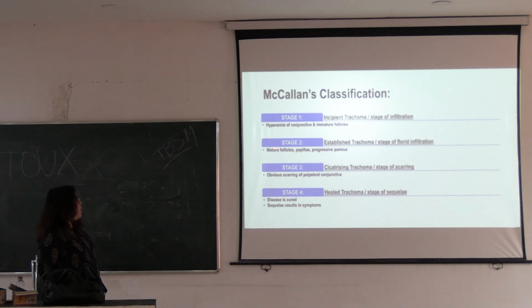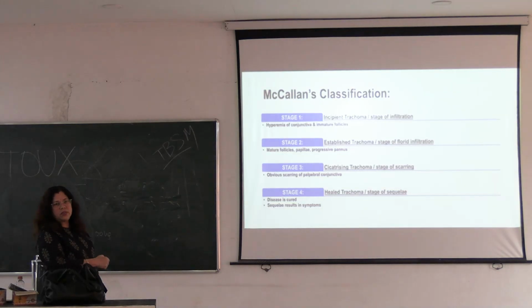Here multiple follicles, papillae and progressive pannus are present. Then stage 3 is called cicatrizing trachoma. Here there is obvious scarring. The conjunctival scar, that is called Arlt's line, is present in this stage, and stage 4 is also called healed trachoma. In this case the disease is cured but sequelae are present.